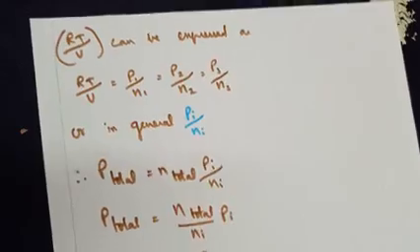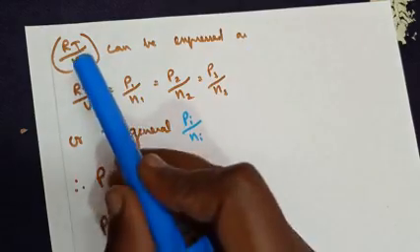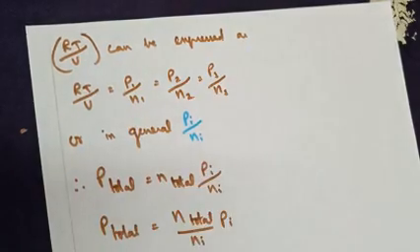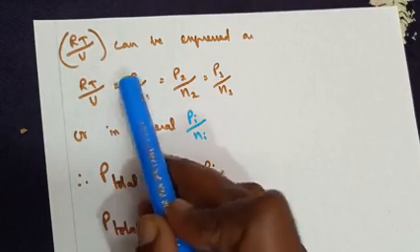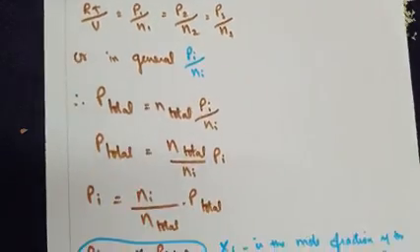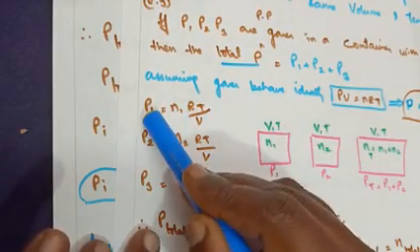Mathematically, if we explain a little more, RT by V can be expressed, by comparing it with the ideal gas equation, as RT by V equals P1 by N1. Just look at it. If I am writing RT by V, this N1 will come to the denominator.